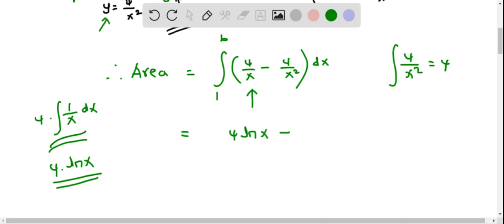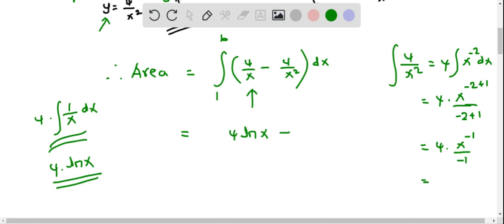I can factor the 4 and rewrite this as x raised to the power of negative 2. Applying the power rule of integration, we get x raised to the power of minus 2 plus 1 divided by minus 2 plus 1, which gives 4 times x raised to the power of minus 1 divided by minus 1.